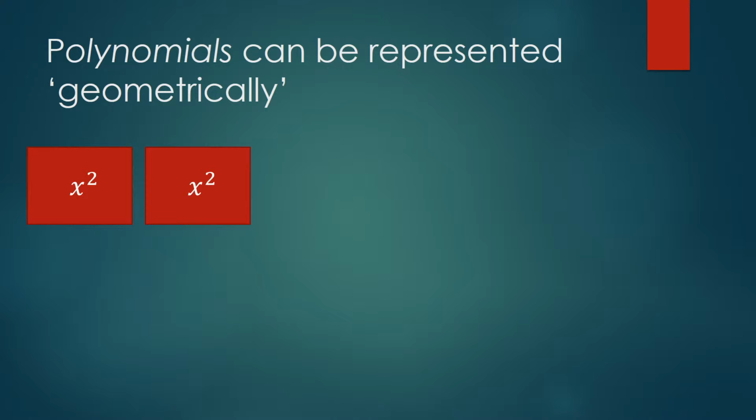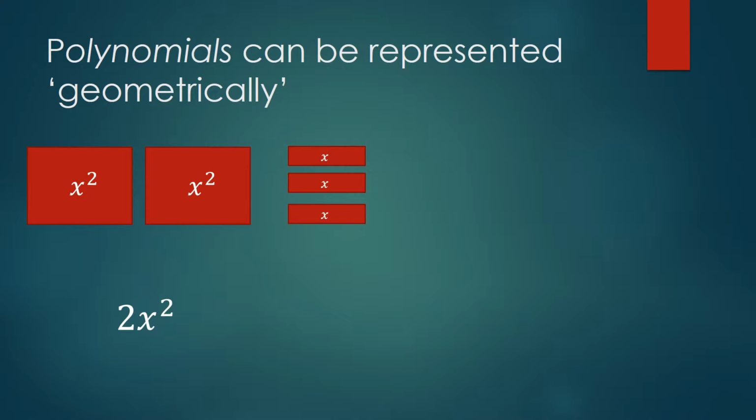Also, polynomials can be represented geometrically. In this case, you see any squared terms. Here, x squared is represented, as we saw in notes before, by a box. So you have 2x squared. Since they're like terms, they can be added. So you have 2x squared represented by 2 boxes.